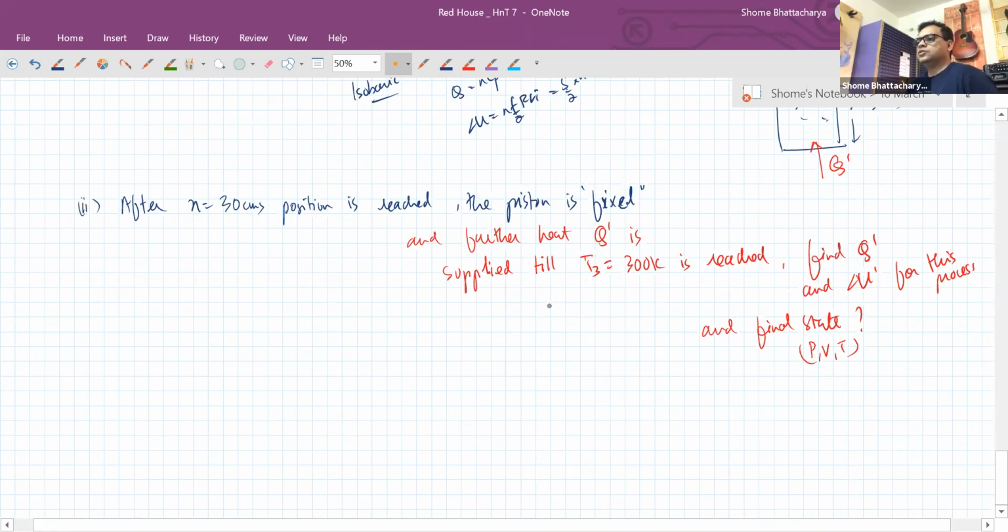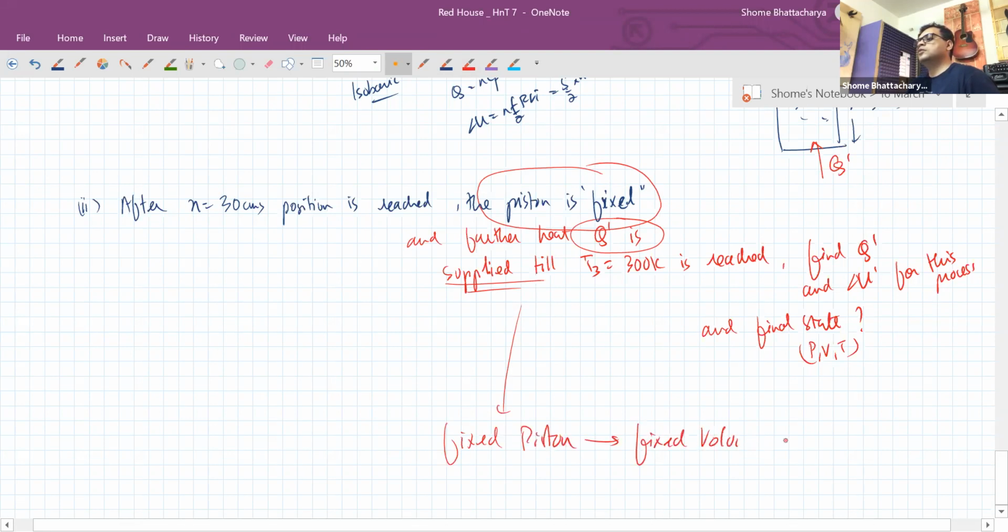So here what is happening? The piston is fixed and heat is supplied. Fixed piston means fixed volume, means isochoric, and Q prime heat is supplied.